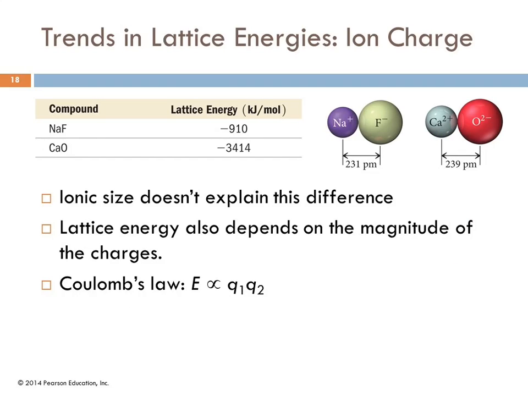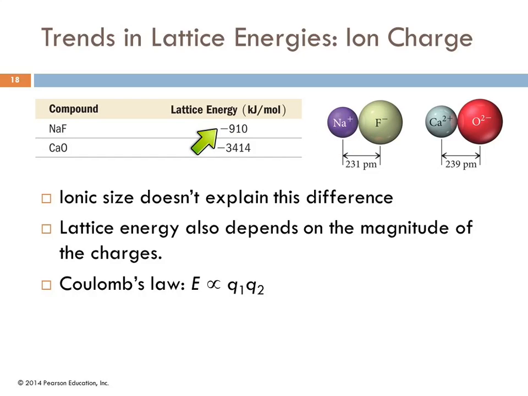There's also an effect of ionic charge. So if we compare sodium fluoride and calcium oxide, these were chosen because the distance between the ions is going to be pretty similar: 231 picometers here and 239 picometers. Not a significant difference. But what is different is that calcium is 2 plus, oxygen is 2 minus. The charge on this one is double the charge on these guys.